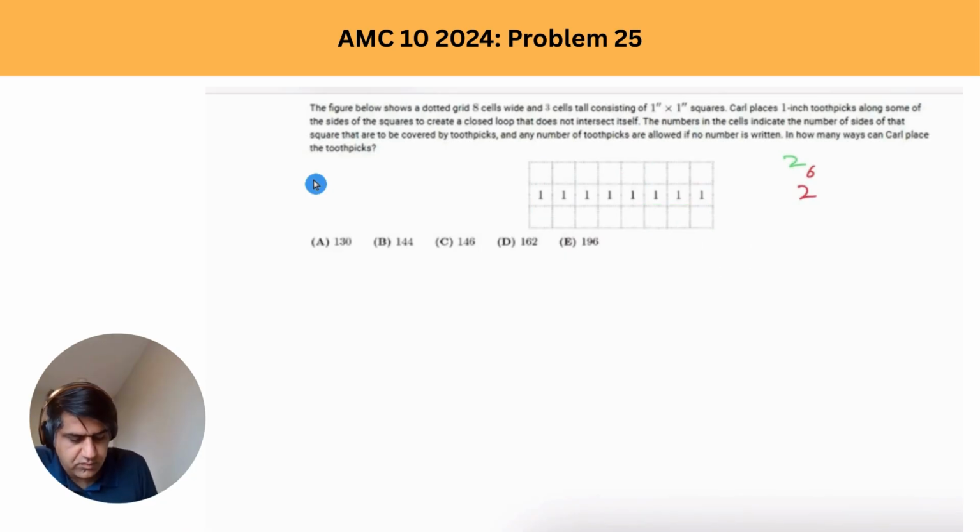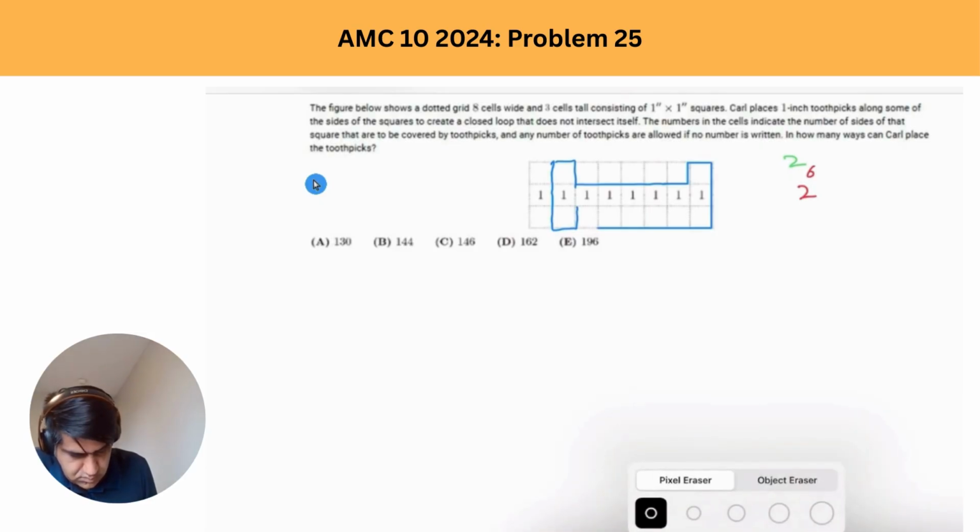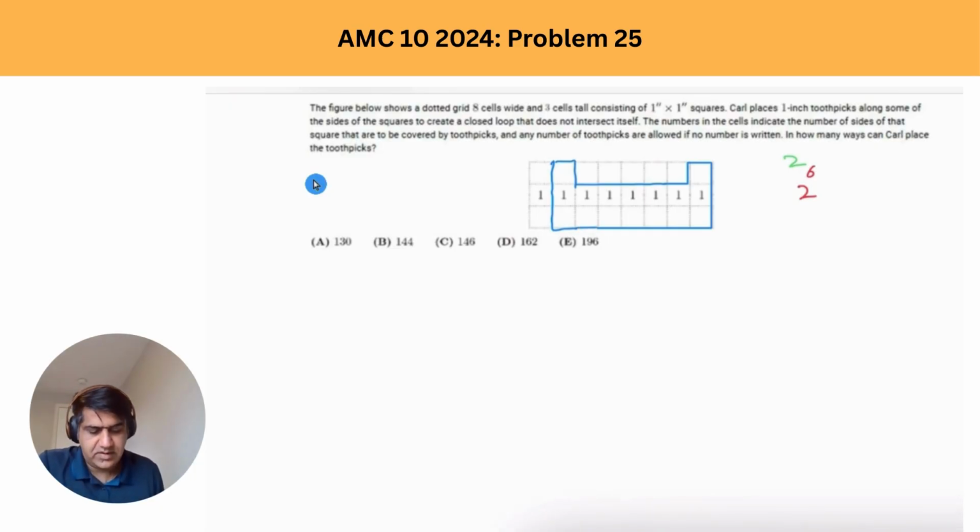So let's see now what happens if, instead of starting at the extremes, I start inside. I can also start like this, and let's say that I go all the way. And now I can have a case like this, right?